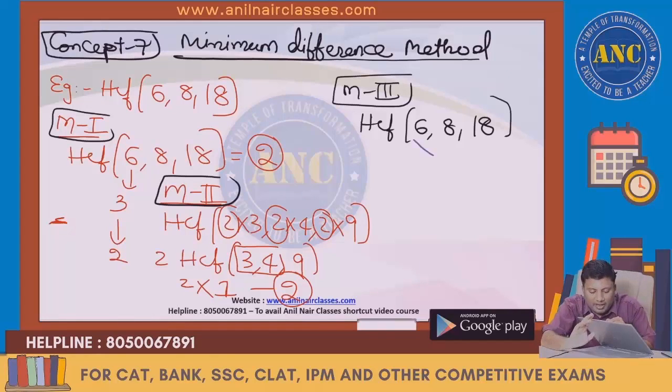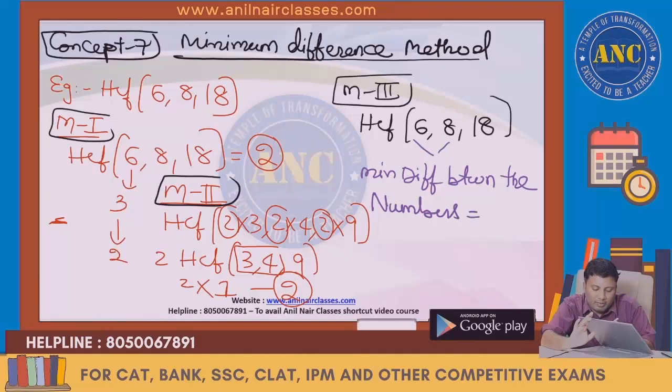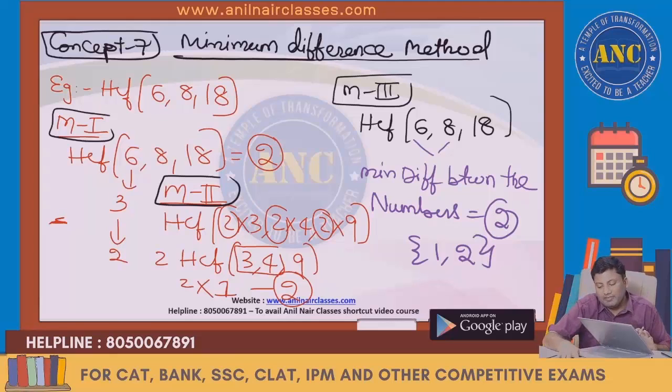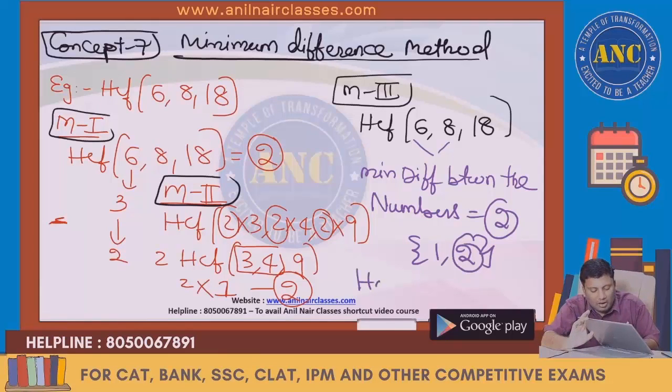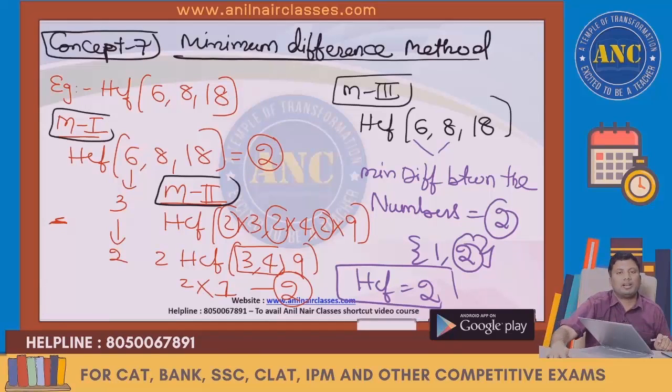So the minimum difference is 2. Take the factors of 2: 1 and 2. 1 divides every other number, 2 also divides every other number. So the highest common factor is 2.